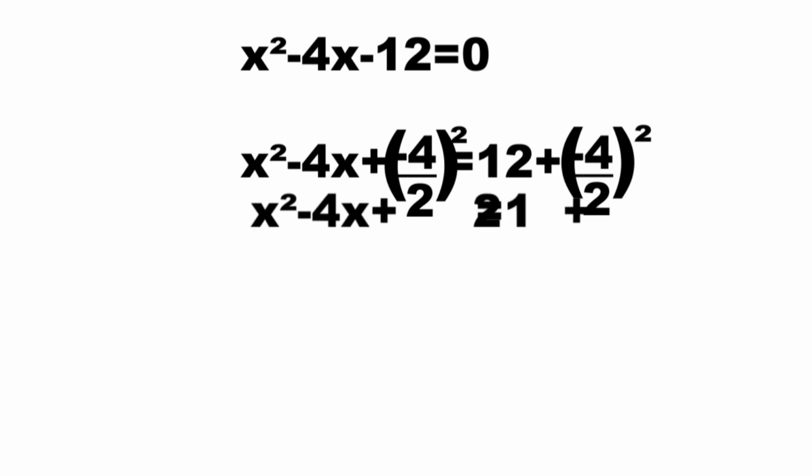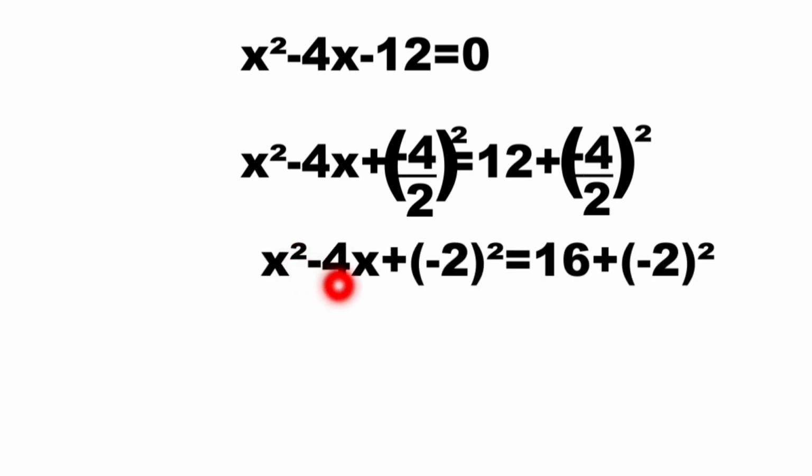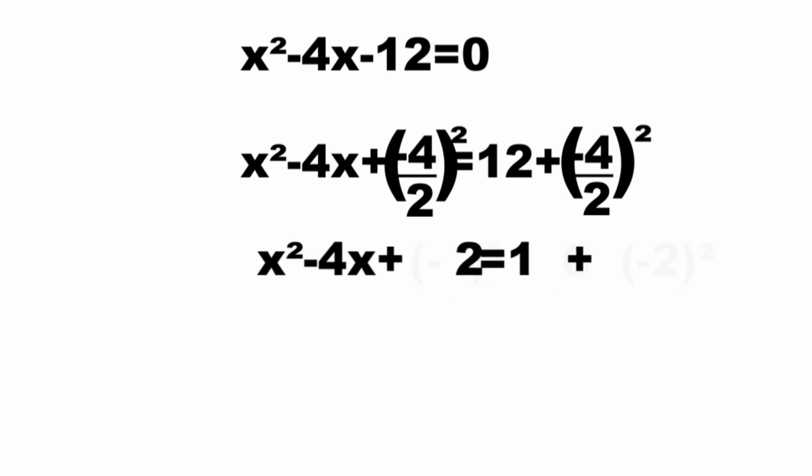So negative 4 divided by 2 is negative 2. So we now have x squared minus 4x plus (negative 2) squared equals 12 plus (negative 2) squared. The negative 2 is from negative 4 over 2. Then square negative 2, and this is equal to 4.